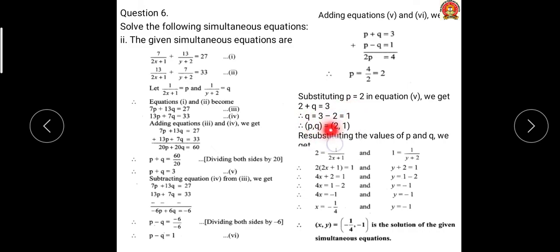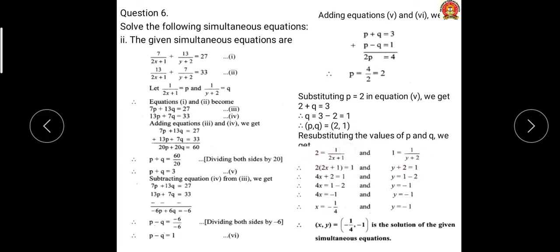So we got the values of p and q, but the solution is not here, because we considered p as 1 by (2x plus 1) and q as 1 by (y plus 2). So from these p and q, we have to find the original values of x and y. So p and q are not the solution. Resubstituting, p is equal to 2 is equal to 1 by (2x plus 1) and q is equal to 1, that is 1 by (y plus 2).